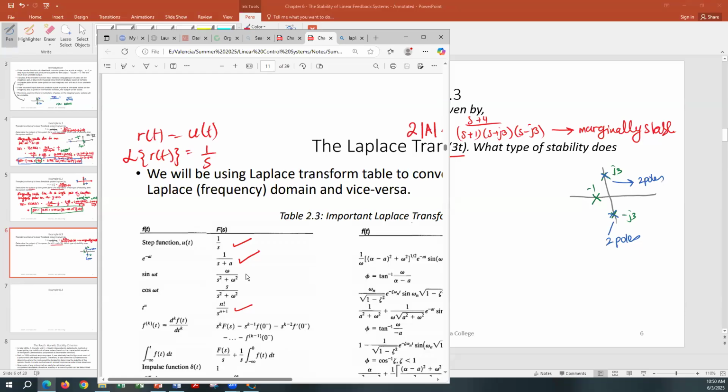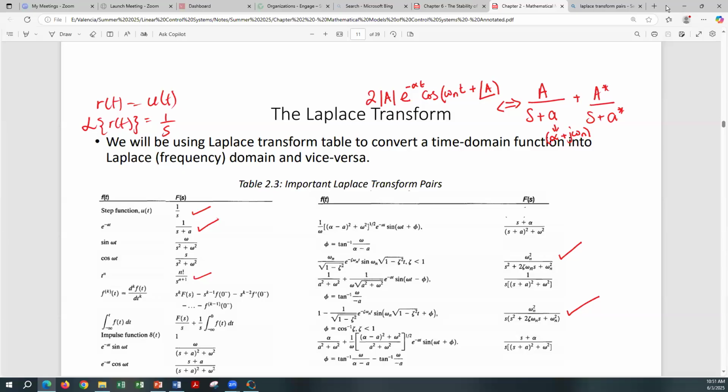So sine 3t is going to be 3 over s squared plus 9, right? We are given 4 sine 3t, so it's going to be 4 times 3 over s squared plus 9. So 12 over s squared plus 9, and it's going to produce another pair of poles on the complex conjugate plane at positive j3 and negative j3.